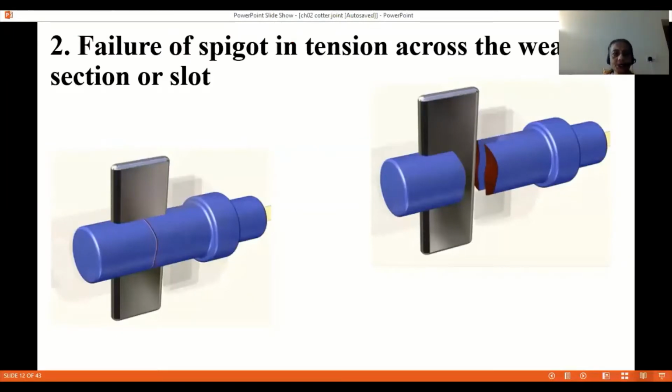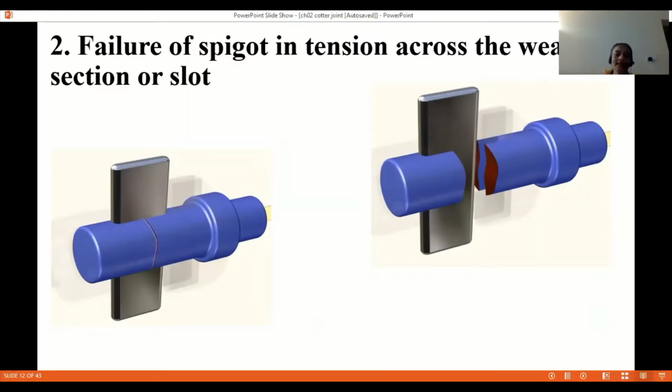The second step is to find out the diameter of the spigot, d2. This is the spigot and we will find its diameter. For that, there can be failure of the spigot at the section where the slot is, because that is the weakest section.